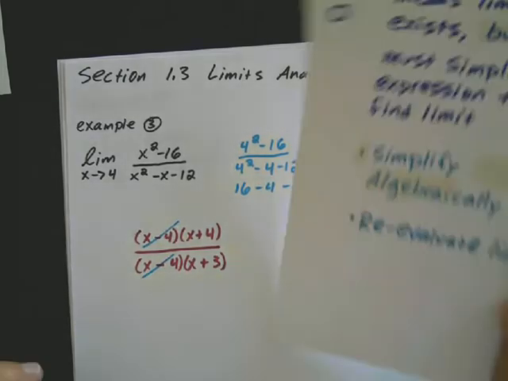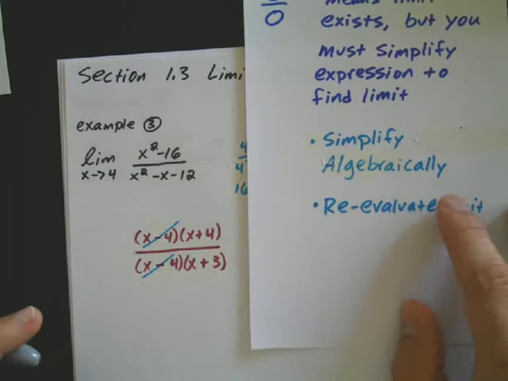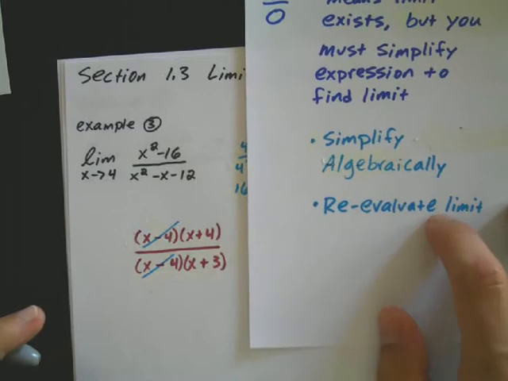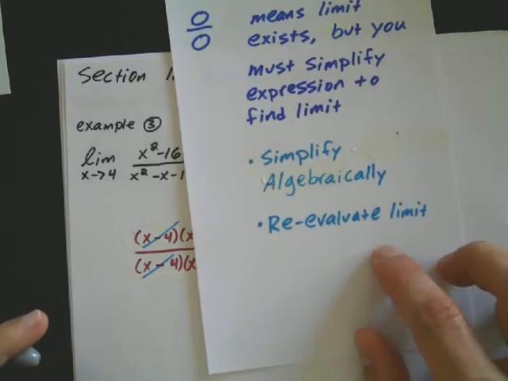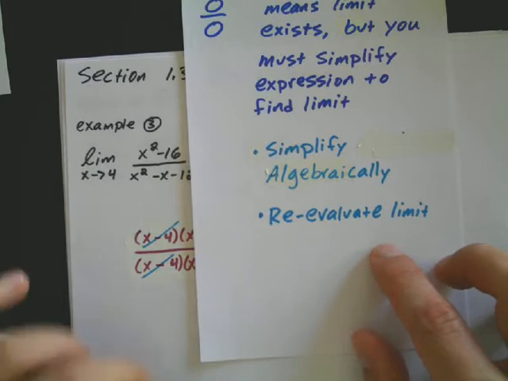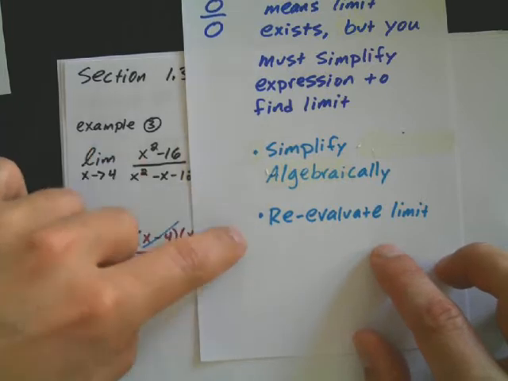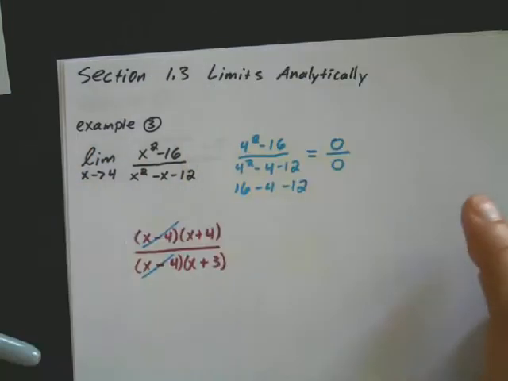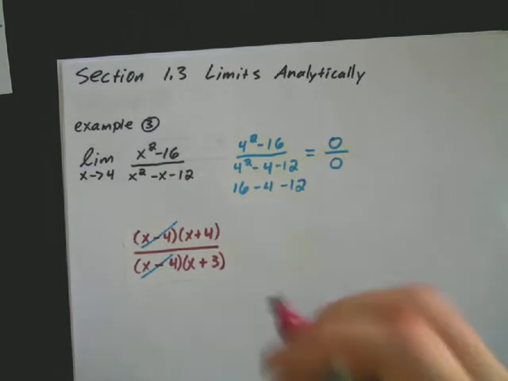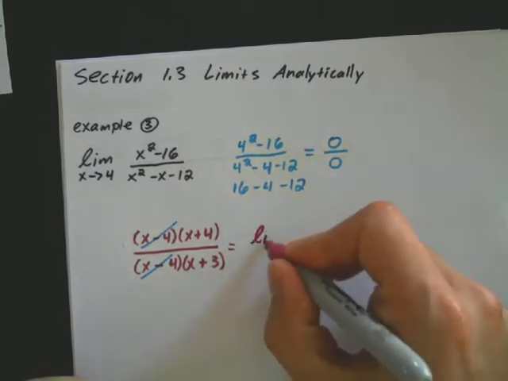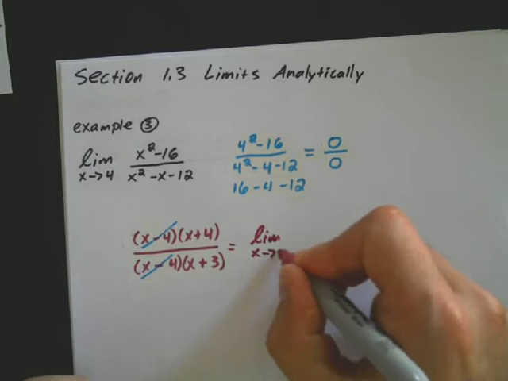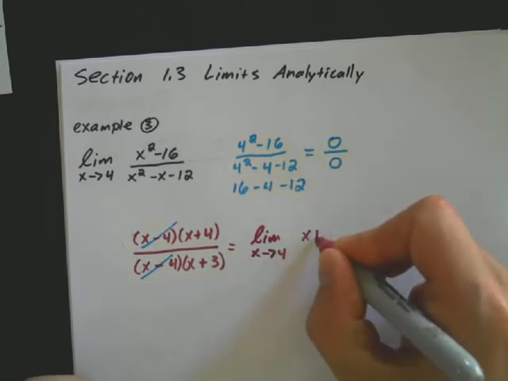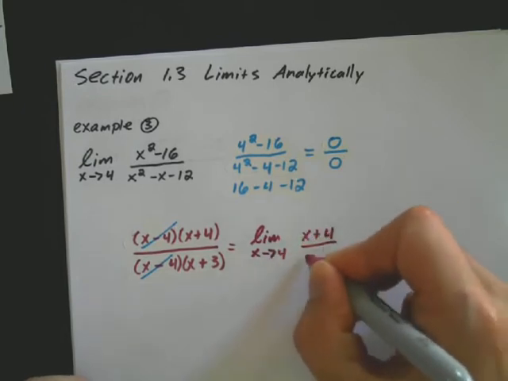So the general strategy is going to be simplify algebraically, and then reevaluate my limit. So what I have left over is the limit as x is approaching 4 of x plus 4 over x plus 3.